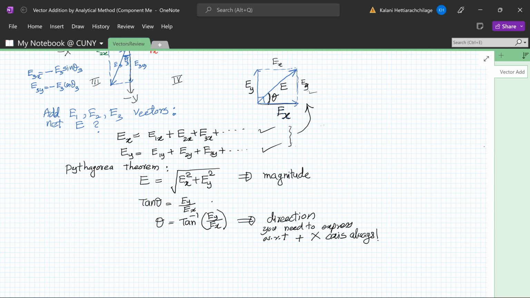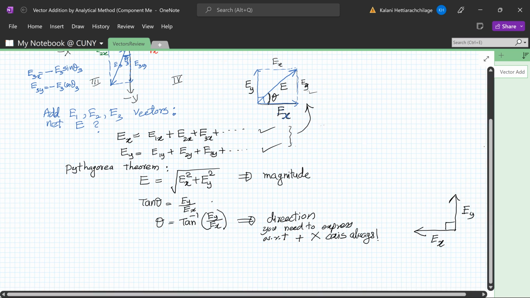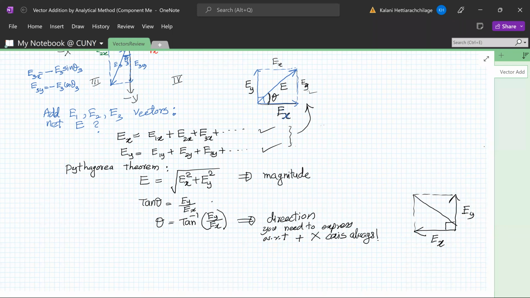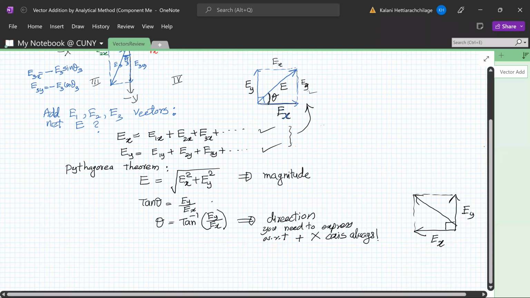But what I mean here is, if your EX is negative, that means you are working in your second quadrant. If your EX is negative and EY is positive, after you complete your parallelogram, that's why this cartoon is important, your resultant will be somewhere here, right?